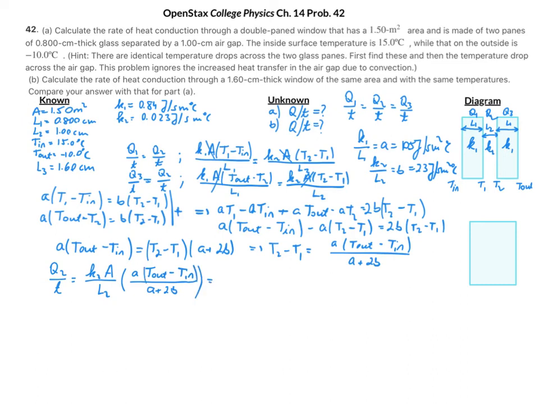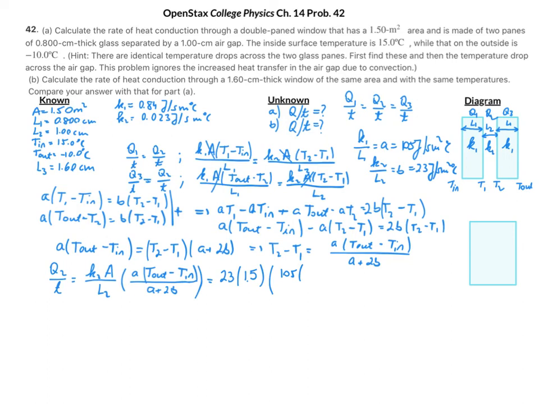And plugging in the numbers, notice that K2 divided by L2 is B. So this is B, and I know the value for that. So B is 2.3. I'm going to skip the units. Area is 1.5 square meters. And then I have A, which is 105.